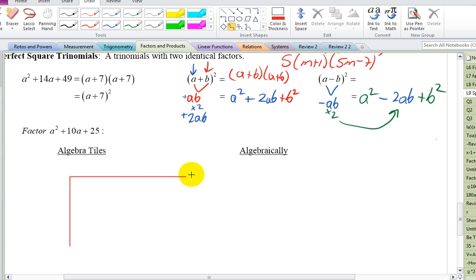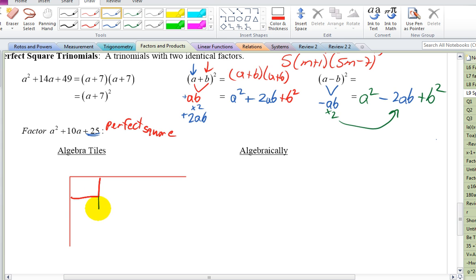So with the tiles, you've got to make perfect squares. So here's your a squared. Now make a perfect square with 25. What should it be? 5 by 5. Right?